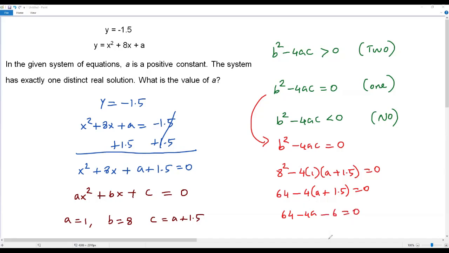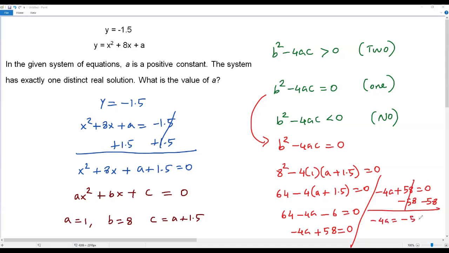Combining 64 and negative 6, I get 58. So the equation is negative 4A plus 58 equals 0. Now let me subtract 58 from both sides. The positive 58 and negative 58 cancel out, and I get negative 4A equals negative 58.